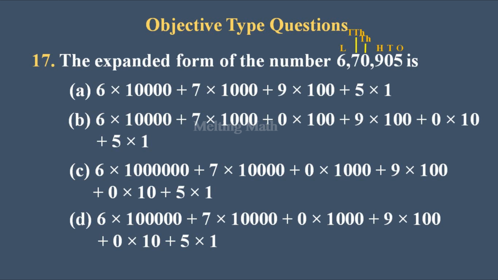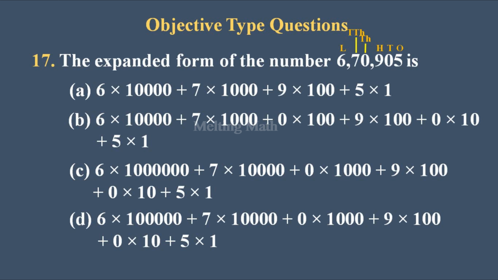See which option has 6 into 1 lakh first. In option A, 6 into 10,000 is wrong. We want 6 into 1 lakh because that is the expanded form of the first digit. Option B, 6 into 10,000, is also wrong. Option C, 6 into 10 lakh, is also wrong.